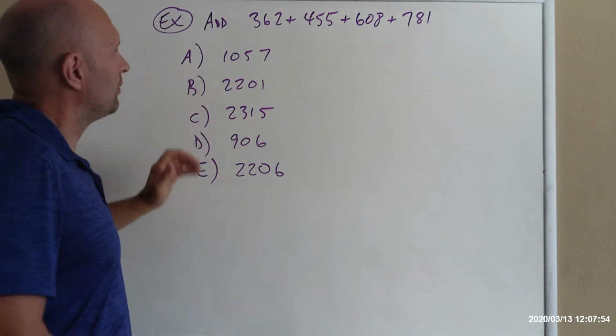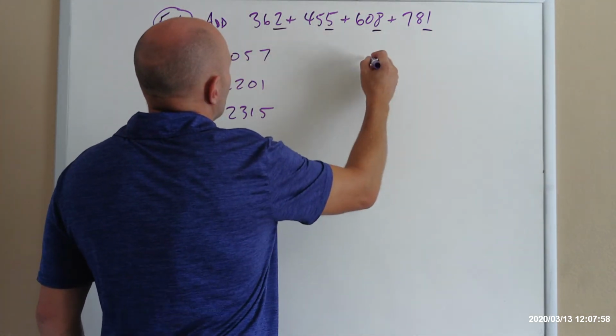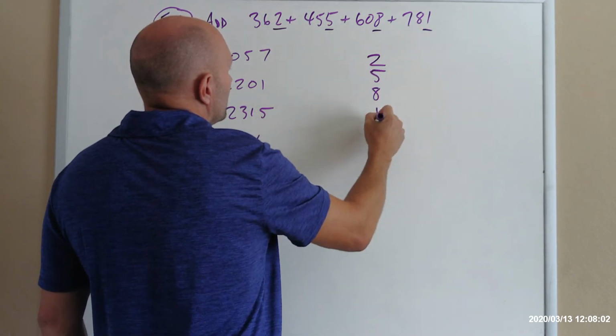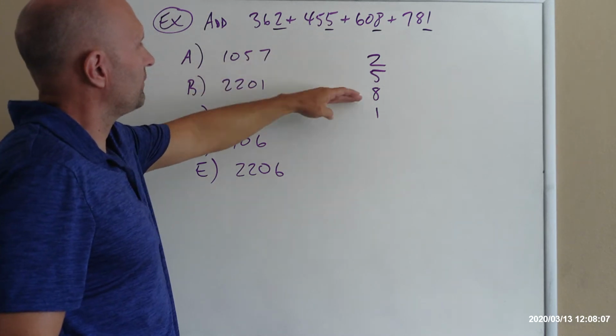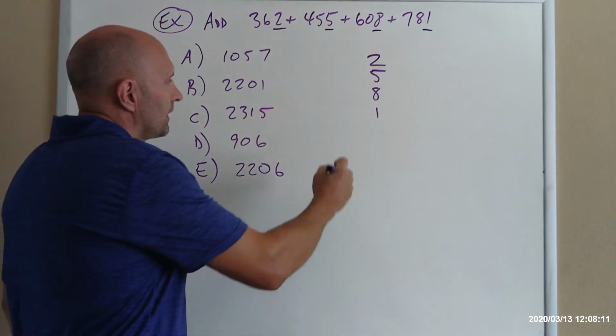So with this kind of problem, let's just look at the last digits. We have 2, 5, 8, and 1. So if we wrote these out, 362, 455, 608, 781, this is the last digit in the column.